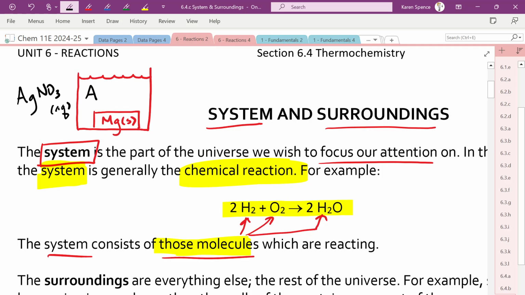So we have Ag plus ions and NO3 minus ions. That whole thing, the solution, would be considered the system. Everything outside of it would be the surroundings, including the beaker.